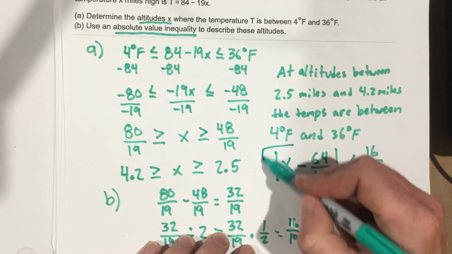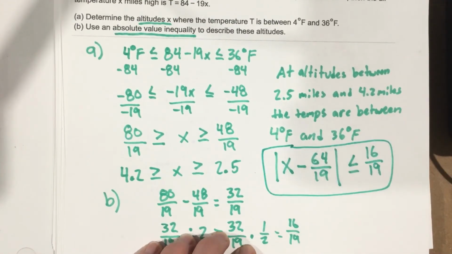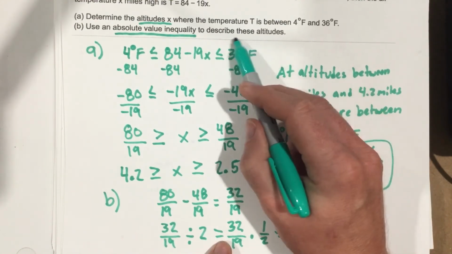Then this would be our absolute value inequality that would represent the altitudes.